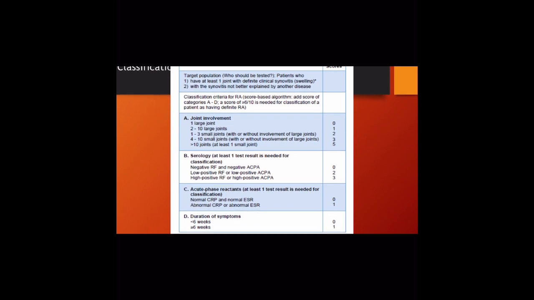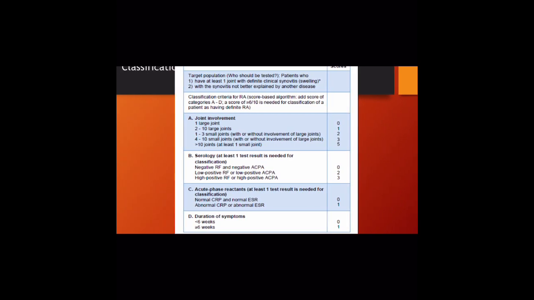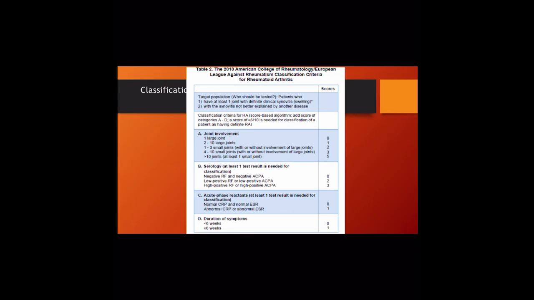Serology, high positive ACPA, you get 3 points, or high positive RF. Acute phase reactants, abnormal CRP or abnormal ESR, you get 1 point. And if the duration is more than 6 weeks of symptoms, of course you get another 1 point. But the patient must have at least one joint of definite clinical synovitis with the criteria to diagnose rheumatoid arthritis.